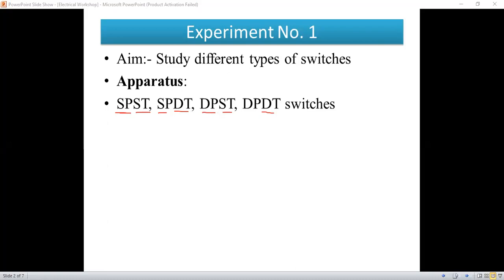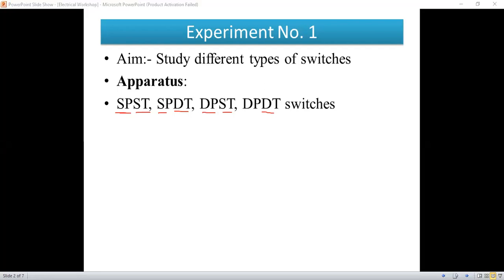ST is single throw, and DT is double throw. So the general long forms are single pole single throw switch, single pole double throw switch, double pole single throw switch, and double pole double throw switch.